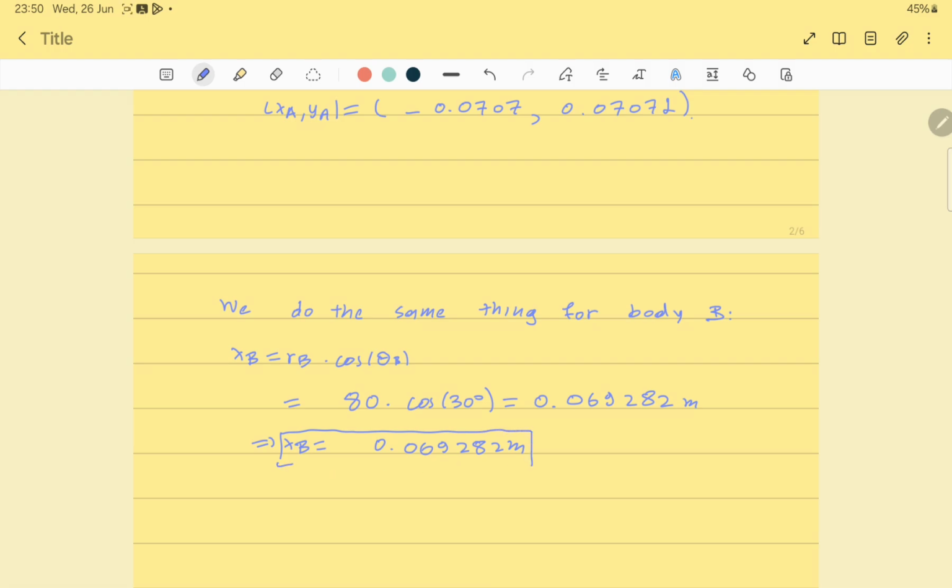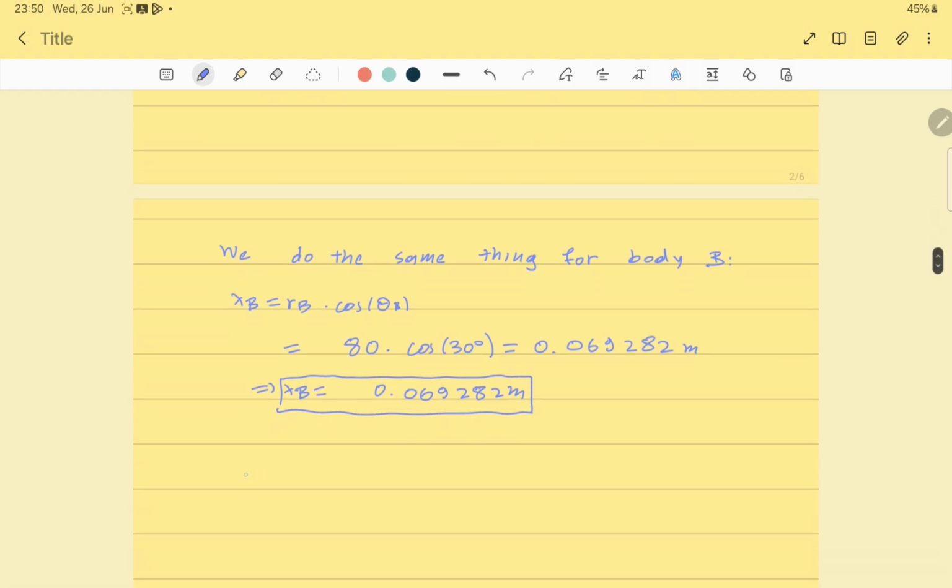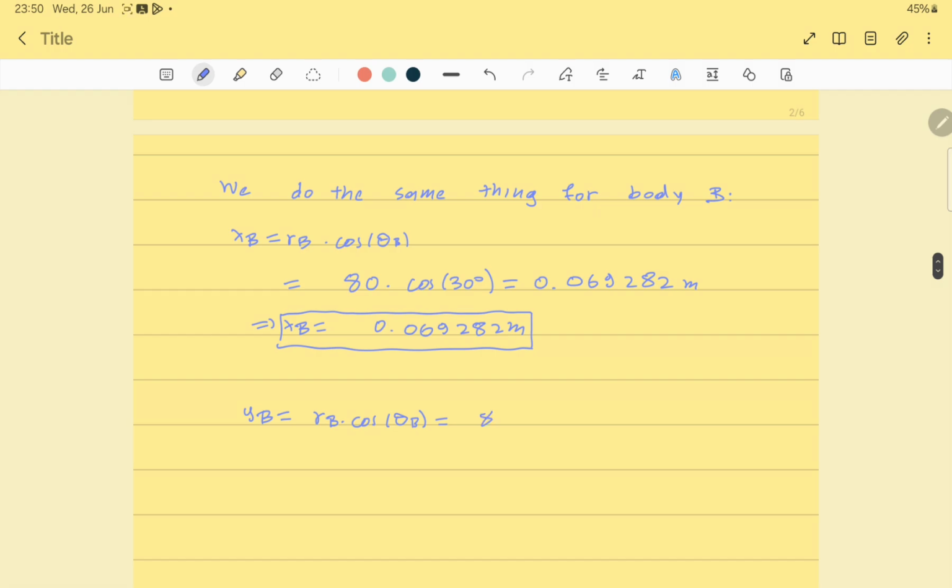This is my X coordinate for B, and YB equals RB times sine theta B, is 80 times sine 30 degrees.